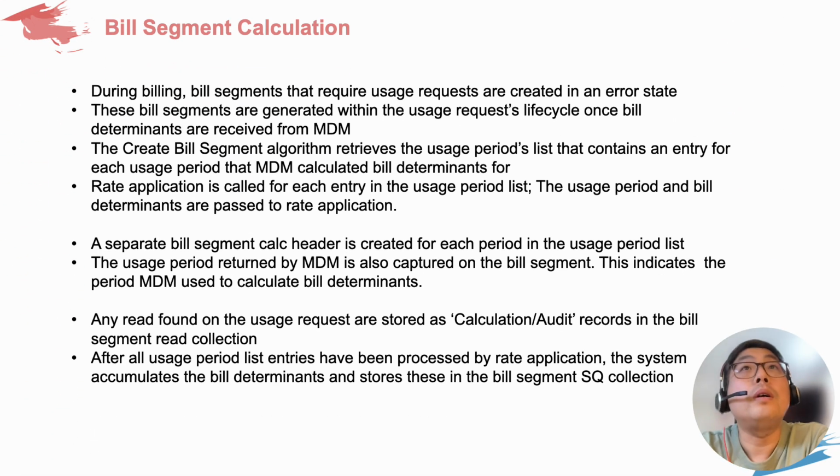Okay, so a bit more detail. We look at the life cycle for usage calculation. During billing, bill segments that require usage requests are created in error state. These bill segments are generated within the usage request lifecycle once bill determinants are received from MDM.